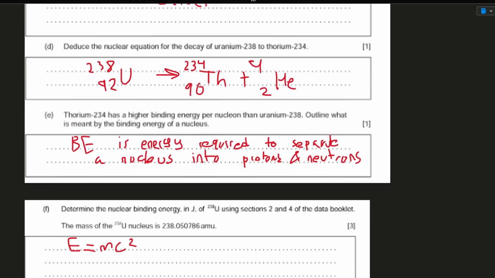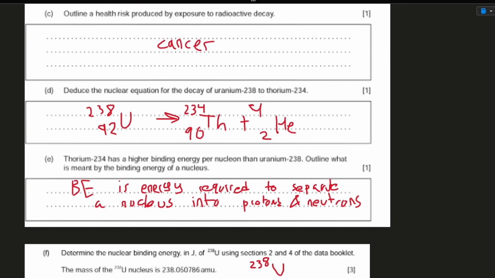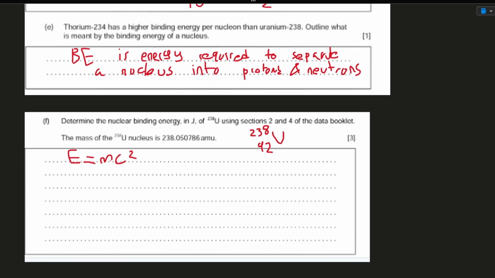So to do that, first of all, we can get the atomic symbol with all the numbers of uranium-238. We'll just write out here, 238, with atomic number of 92. So in order to determine the energy, first we need to find m, which stands for mass.